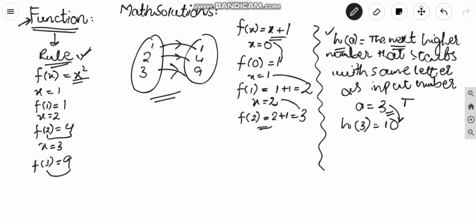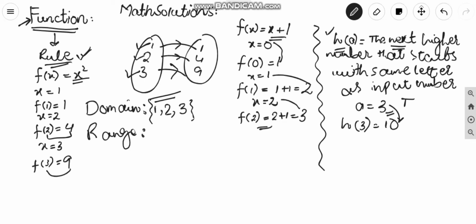Now let's see what is domain. The set of numbers that we put as an input into the function makes the domain of the function. Now what is range?